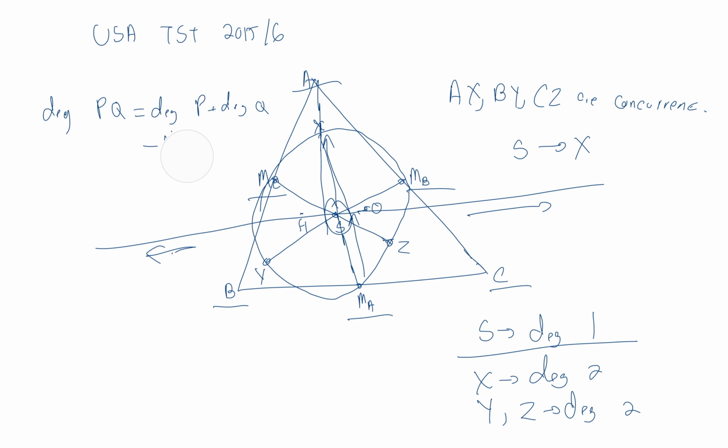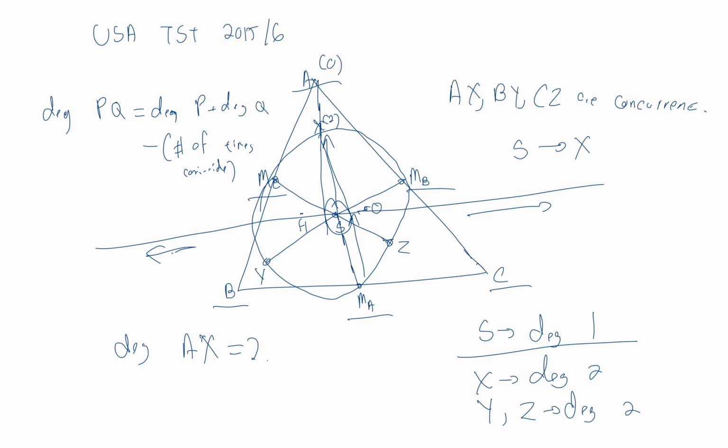So for AX, we know that A has degree 0 and X has degree 2. So the degree of AX is just 2 plus 0 minus the number of times A and X coincide, which is clearly 0. So the degree of line AX is equal to 2.